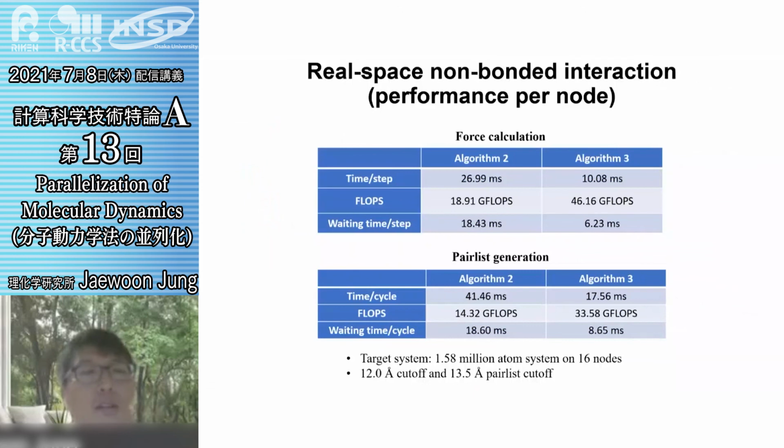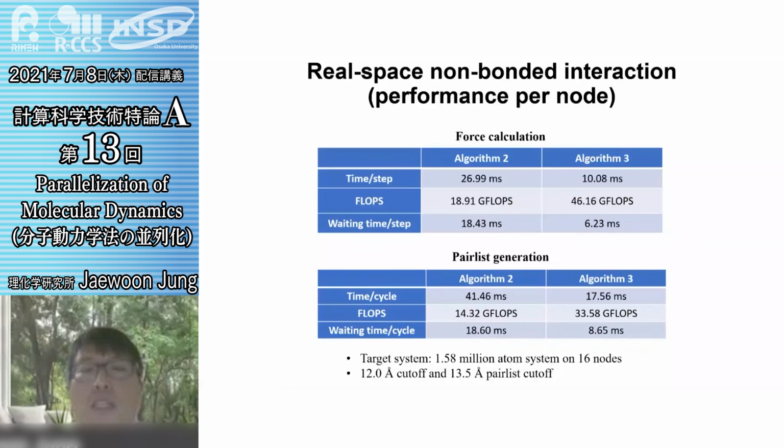And I will explain the result of the computational cost on Fugaku. Here, algorithm 2 is the original scheme in GENESIS developed on K computer, and algorithm 3 is the new algorithm developed on Fugaku.